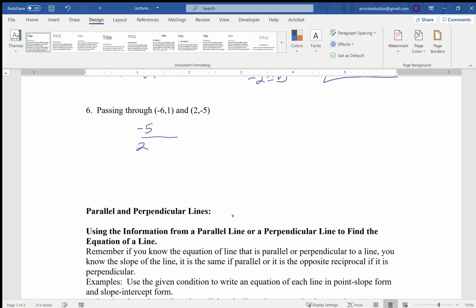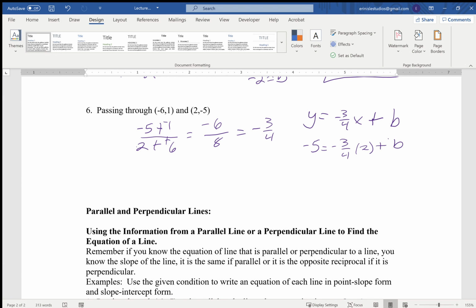Y over x minus y over x. Plus a positive, so that's 8. So now I have 3 over 4. Okay.